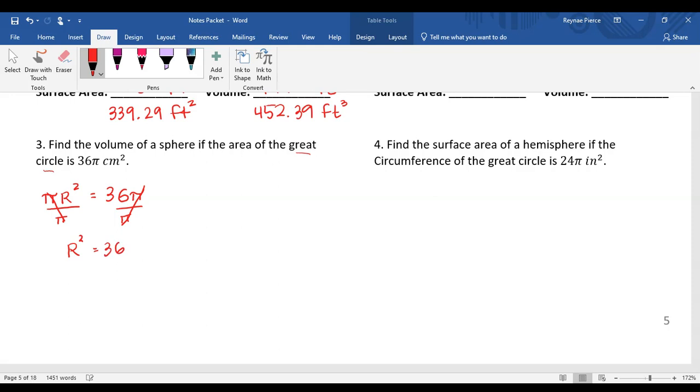If our radius squared is 36, that means our radius is 6. That's a very popular number today.